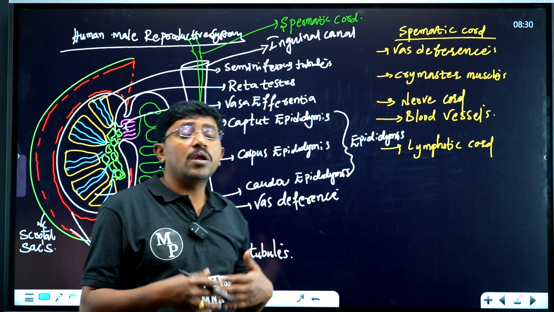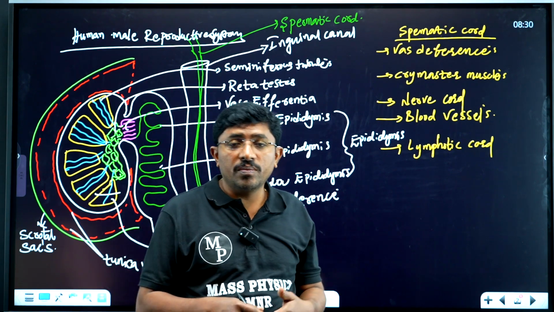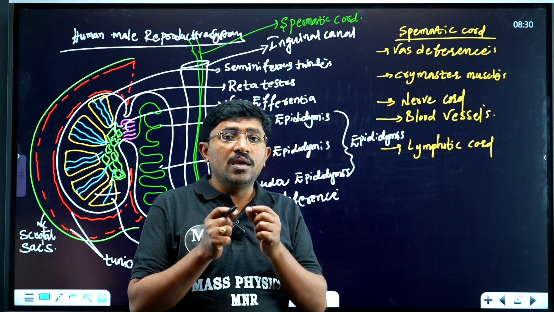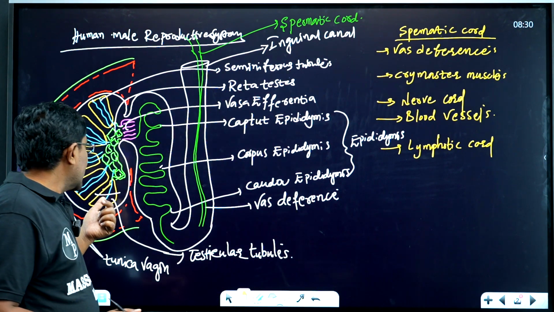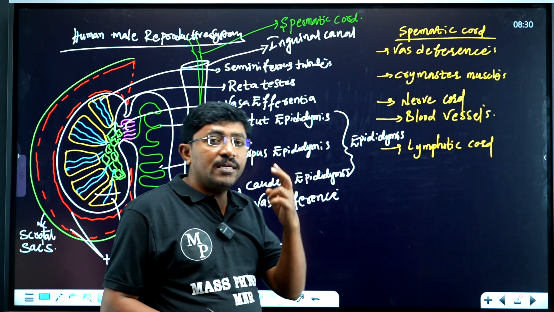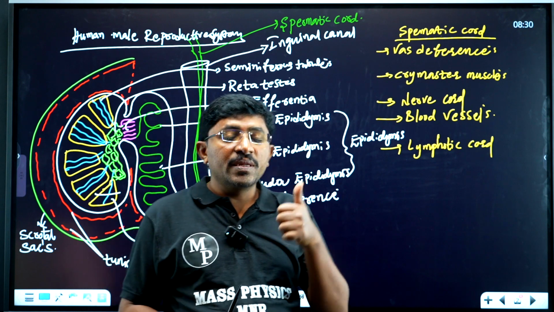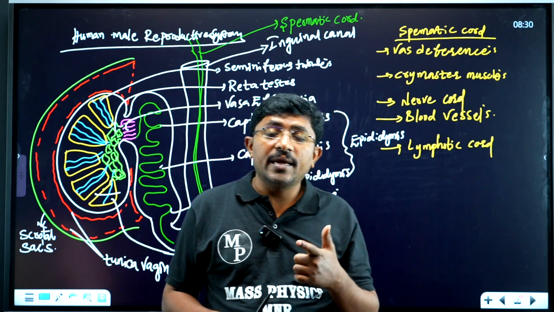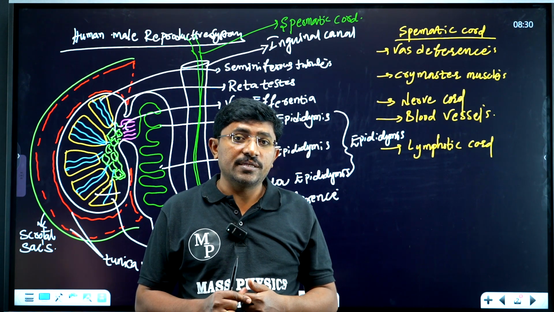We clearly discussed in the previous class the transverse section of the testicular lobule, and what types of cells are inside and outside the seminiferous tubule. Inside the seminiferous tubule there are exactly two types of cells: the Sertoli cells and the spermatogonial mother cells.